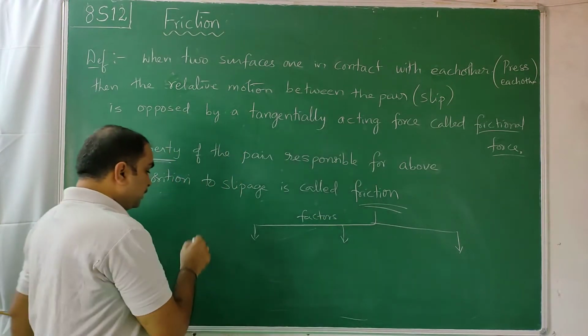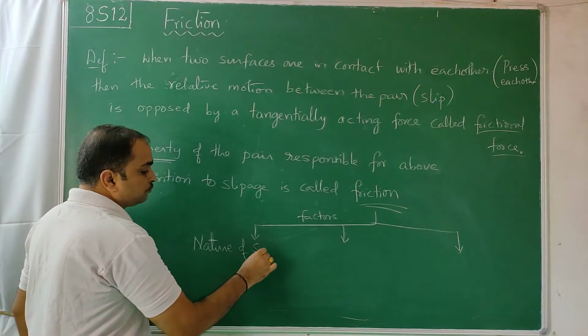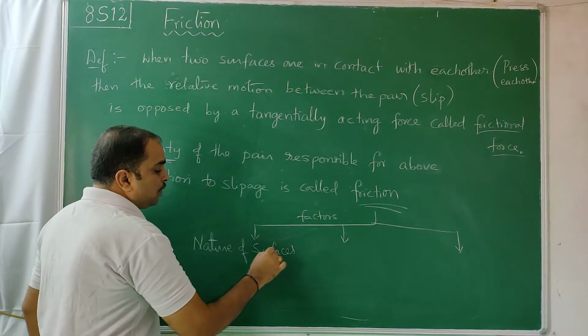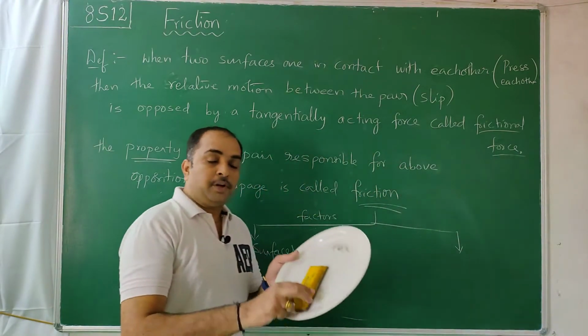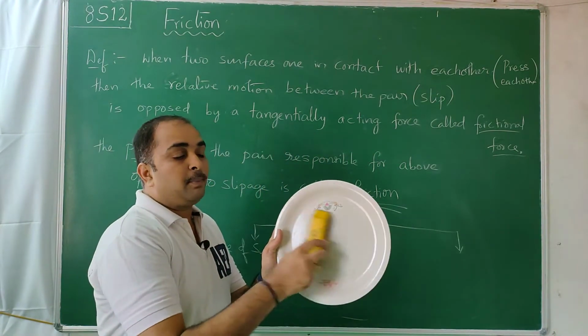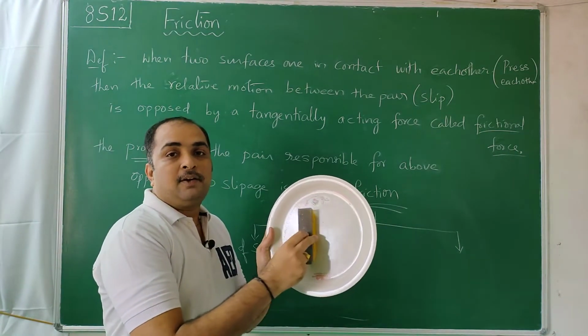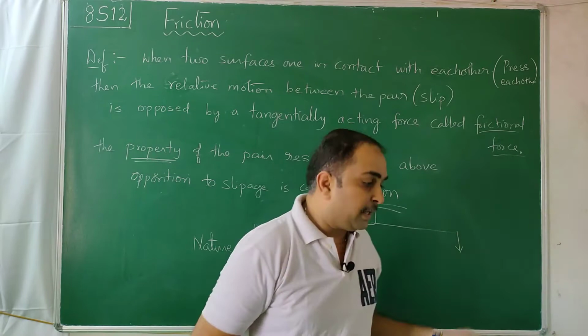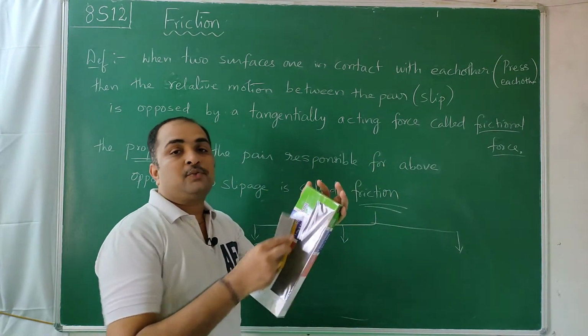What are they? Nature of surfaces. Out of the pair, if you change any one of them, friction gets changed. You can do this experiment at home. Try to rub it with one side. Now try to rub it again. It will be different. Similarly, change this material, take another material, and friction will be different.